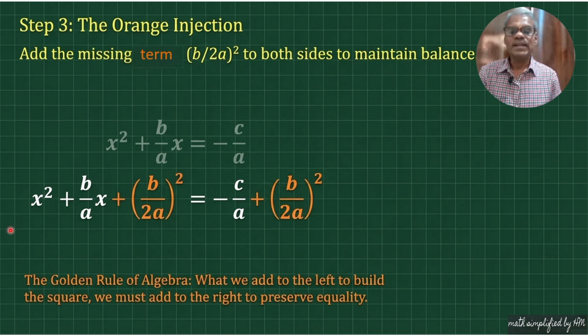Adding, we get x square plus b upon a into x plus (b upon 2a) whole square is equal to minus c upon a plus (b upon 2a) whole square. Remember the golden rule of algebra. What we have added to the left to build the square, we must add to the right to preserve equality.